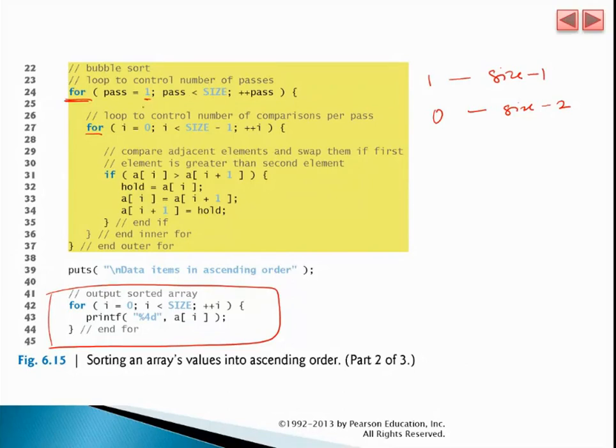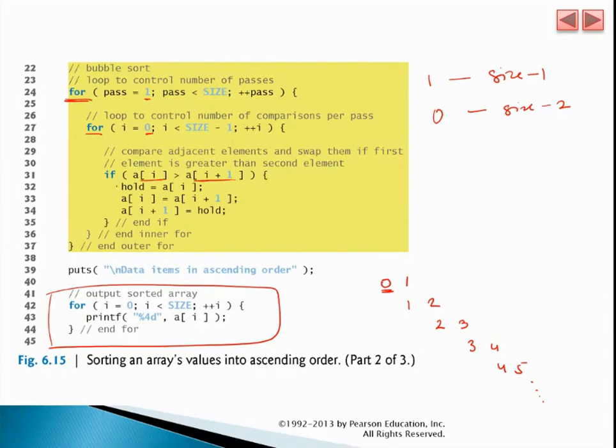Inside each pass, we will initialize this variable with 0, because we have to see first index 0 and 1, then index 1 and 2, then 2 and 3, then 3 and 4, and so on. So therefore we have to initialize this with 0. And each time, if the element a of i is greater than the element a of i plus 1, suppose 0 and 1 in the first case, we will swap it.